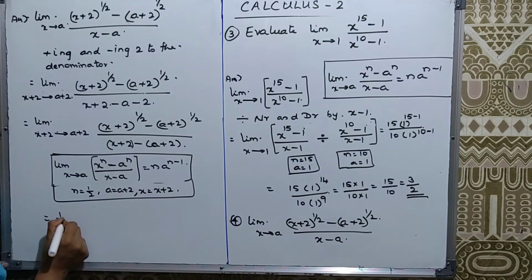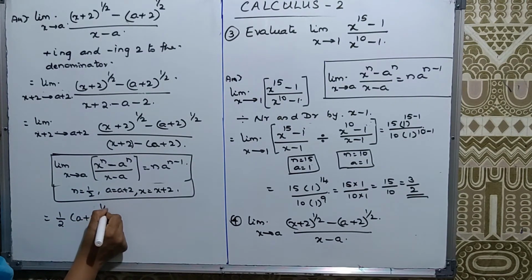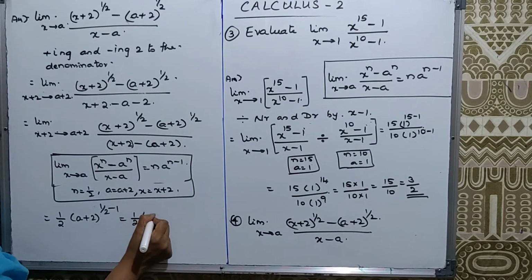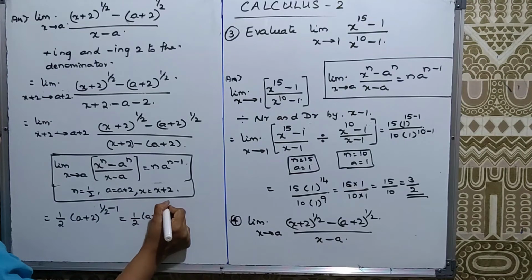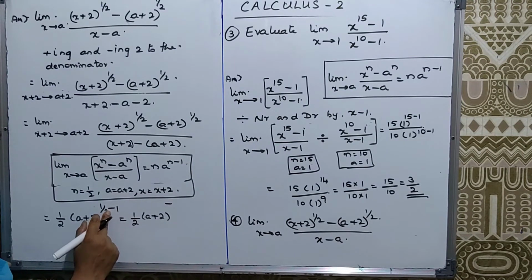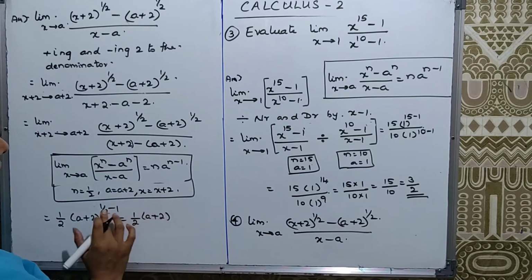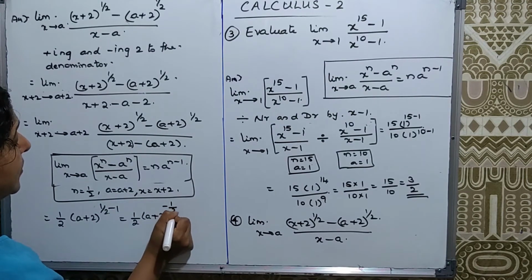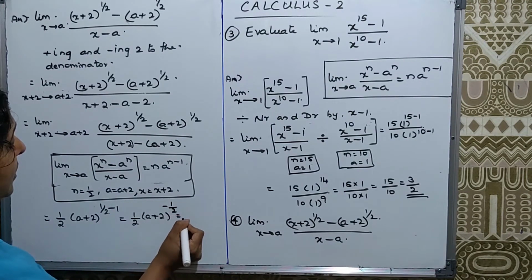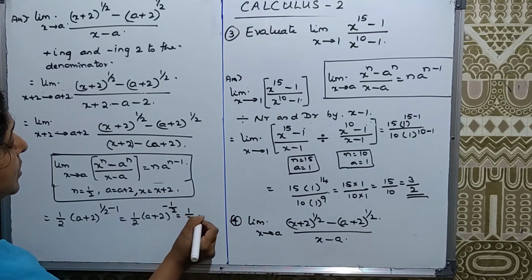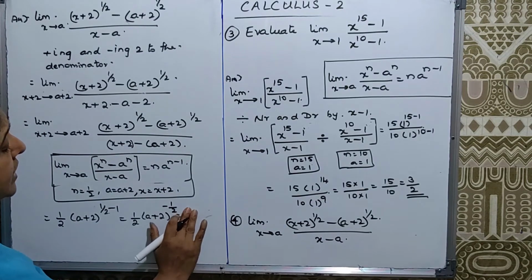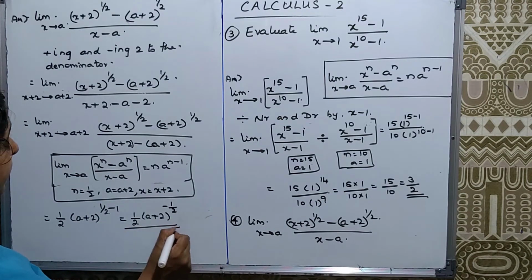N is half, a plus 2 raised to half minus 1 equals half into a plus 2 raised to minus half. If you take the LCM, half minus 1 will be minus half. So it will be equal to 1 by 2 into a plus 2 raised to minus half; you can take a plus 2 in the denominator, otherwise leave it like that.